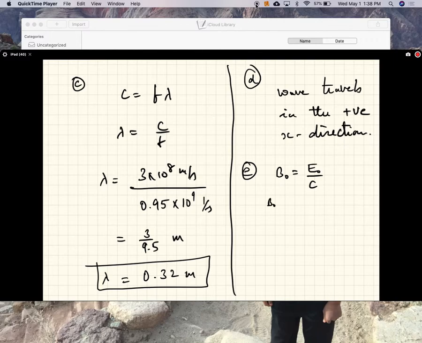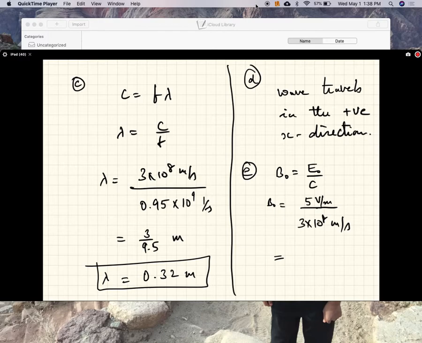So B naught is 5 volt per meter divided by 3 times 10 to the 8 meters per second, and those units combine to give Teslas.